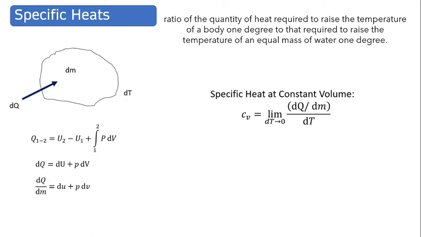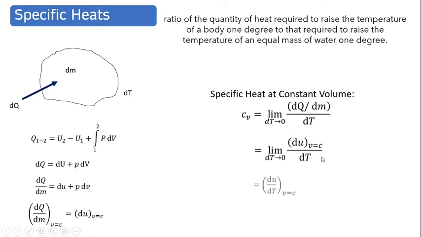If the volume remains constant, the equation becomes like this. Now if we put this value of dq by dm at constant volume in the expression of specific heat at constant volume, the equation becomes Cv equals du by dT at constant volume.